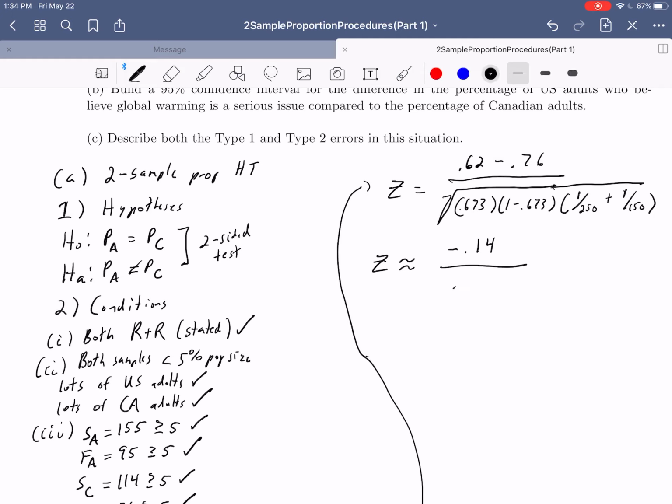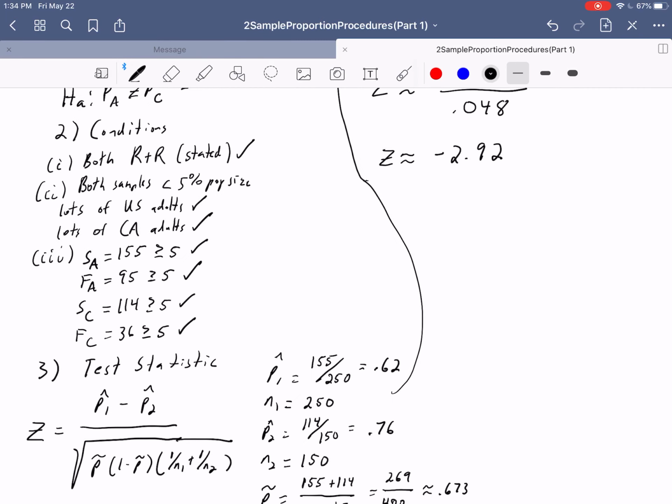If we keep 3 decimal places, we should get 0.048. Then we can do our division, negative 0.14 divided by 0.048, and it looks like we should get negative 2.92. So there's our z-score.